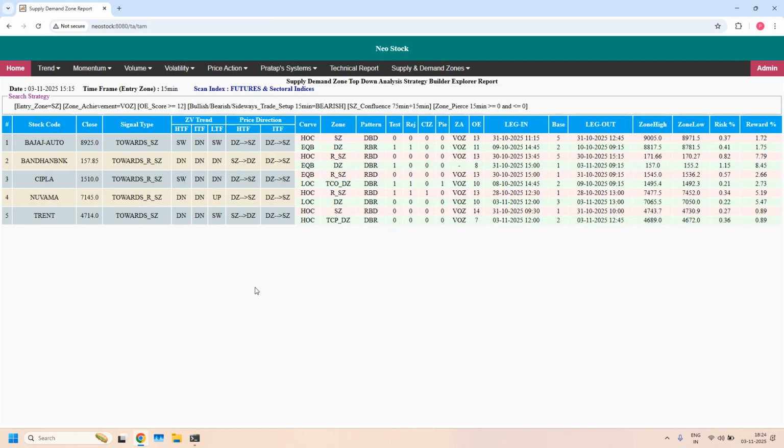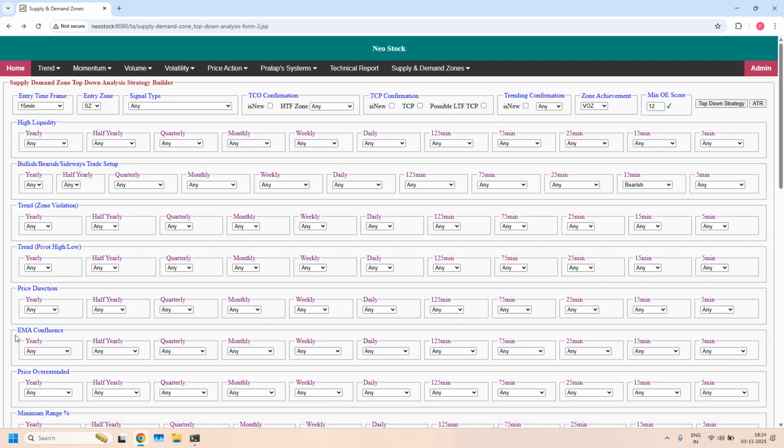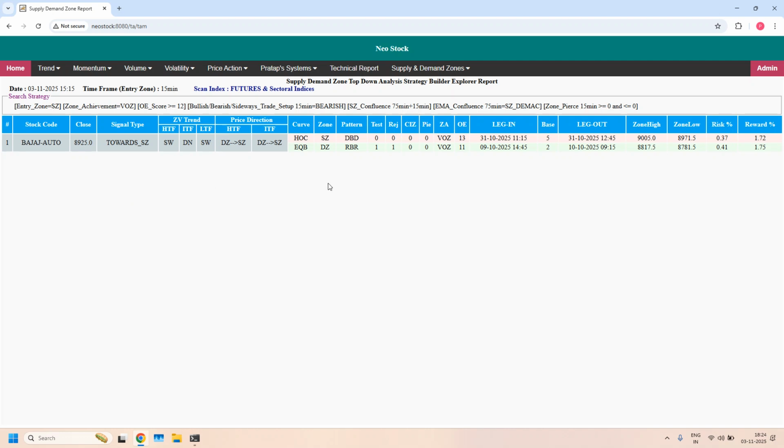Out of 6, we got 5 stocks. And in all of them the ITF trend, 75 minutes trend, is down. Let's again apply EMA confluence at the 75 minutes supply zone with daily EMA confluence. By applying the filter, we got 1 stock. So this 15 minute supply zone might have a higher probability to succeed, provided less than 20 checklist items are satisfied.